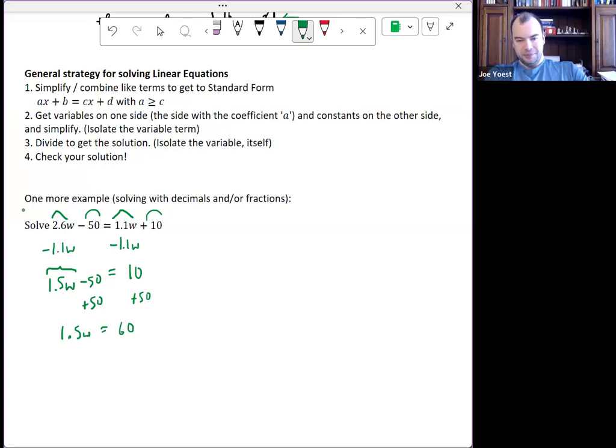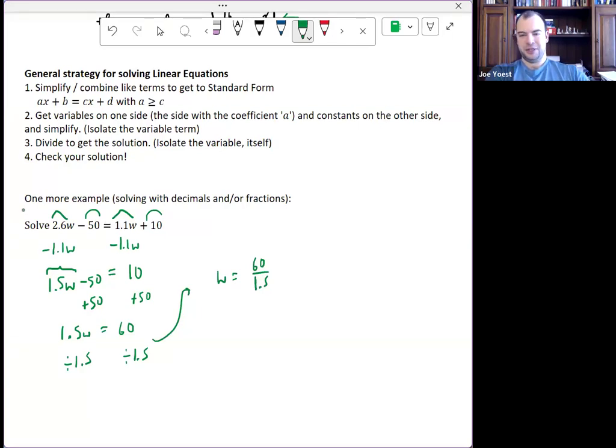I've isolated my variable term. And now I want to isolate the variable itself. I divide by 1.5. So I have W equals 60 divided by 1.5.